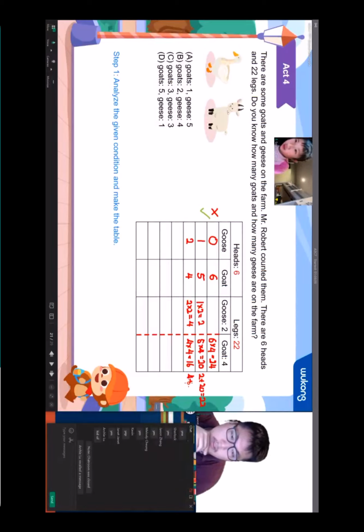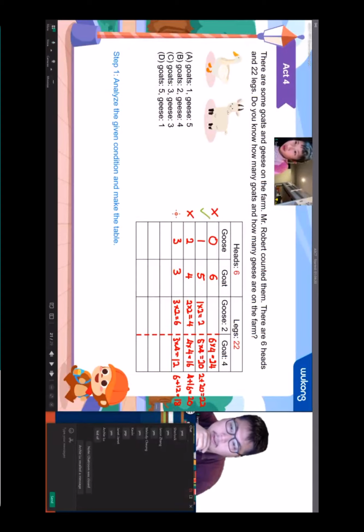And what's 4 plus 16? 20. So it doesn't work. Now, what are the two numbers that I should use? 3 and 3. Good, so 3 times 2 is 6, 3 times 4 equals 12, and 6 plus 12 equals 18.